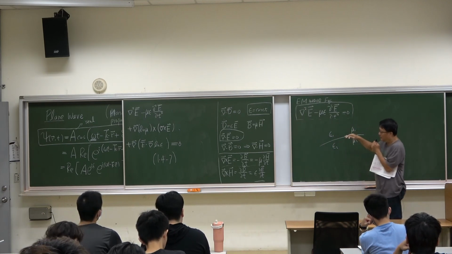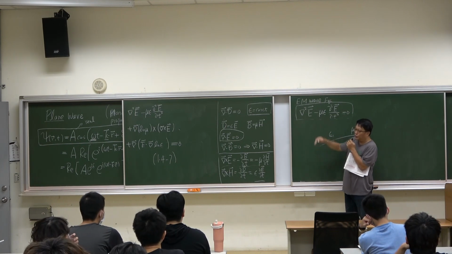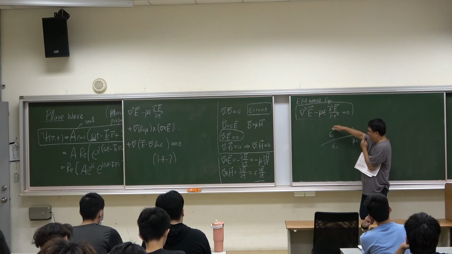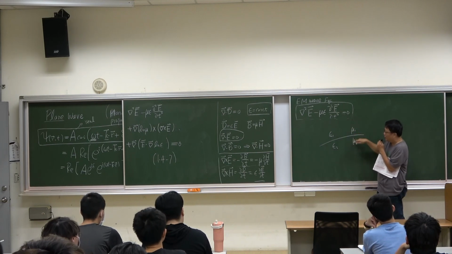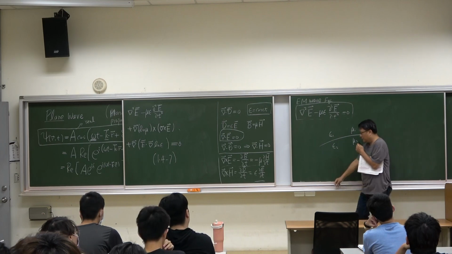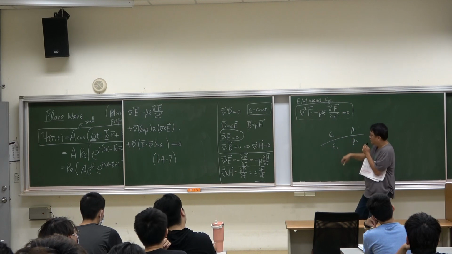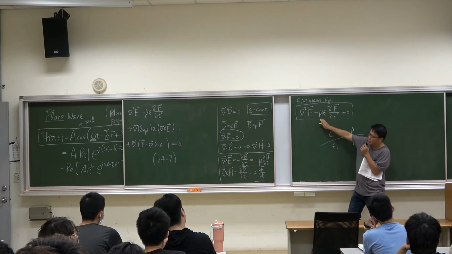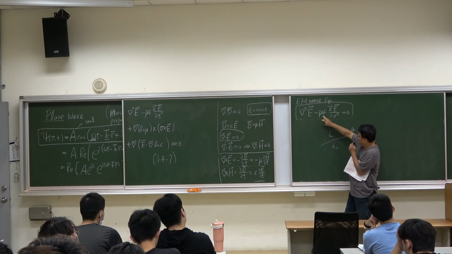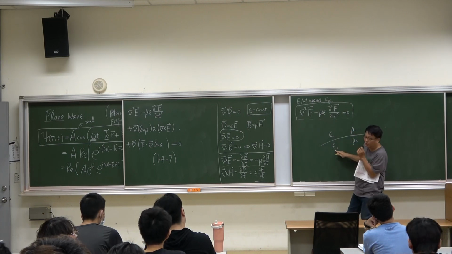here is an interface separating two regions. In region 1 we have epsilon 1, mu 1. In region 2 we have epsilon 2, mu 2. Suppose in this region you have this kind of equation, using mu equal to mu 2, epsilon equal to epsilon 2.